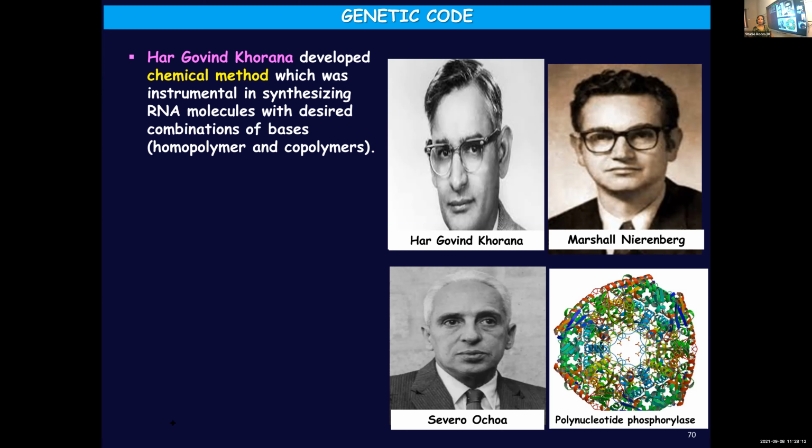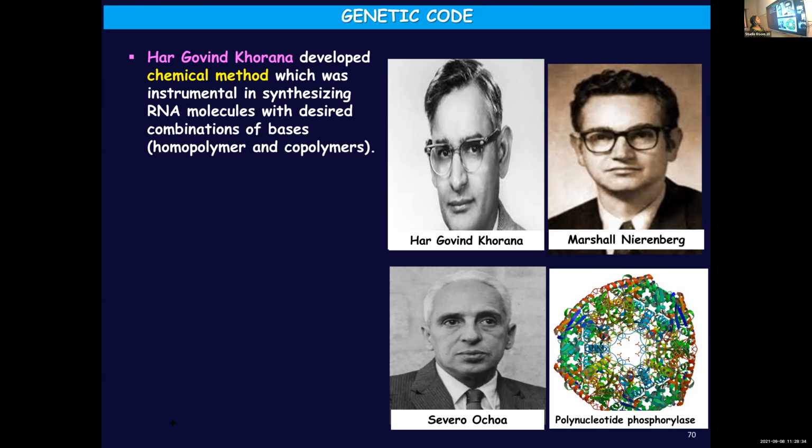Copolymer means the monomer units are different: 2 or more kinds of monomers joined together to form a polymer. Just the opposite. In a homopolymer the monomer units are the same; in a copolymer they will not be the same.